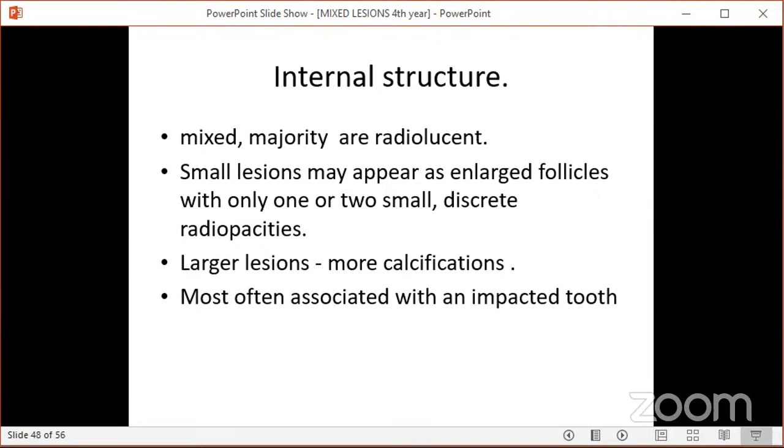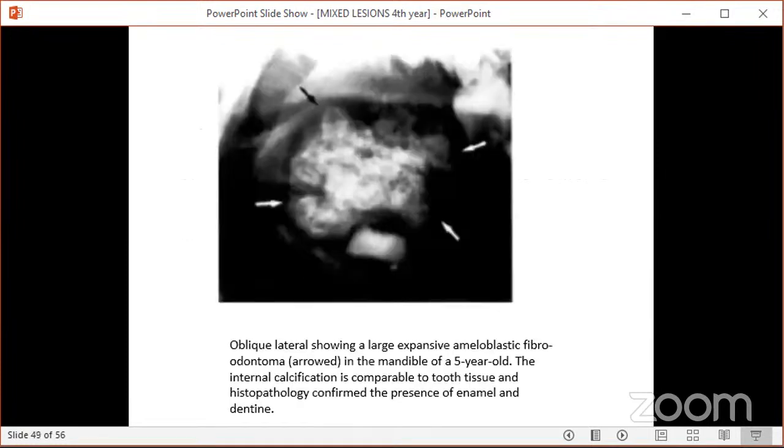Small lesions may appear as enlarged follicles with only one or two small discrete radiopacities within them. Then the larger lesions have more calcifications, and this is most often associated with an impacted tooth.